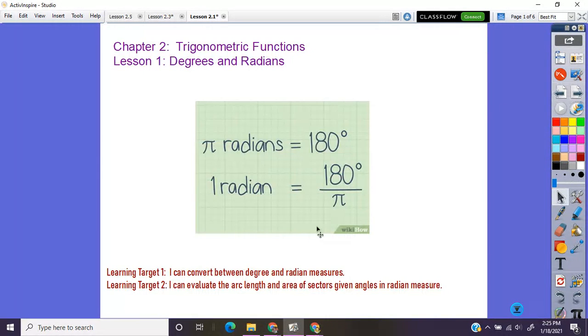So if we go pi radians, that's half of a circle, because remember the circumference of a circle is found by taking 2 times pi times the radius, and we're on a radius of 1. So the full circle, 360 degrees, converts to 2 pi radians.